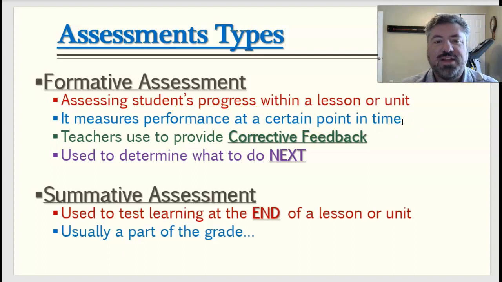We talk about this as on-the-spot assessment. It's really where you're observing and it's where the teaching goes on. Formative assessment provides you with the observational data as a teacher or coach to provide the corrective feedback, and then you use it to determine what to do next with that individual as well as the whole group.